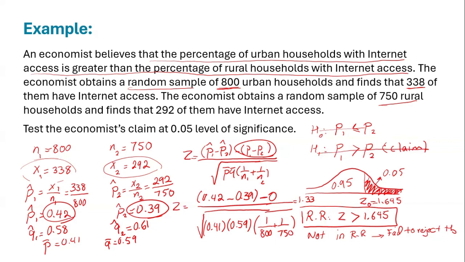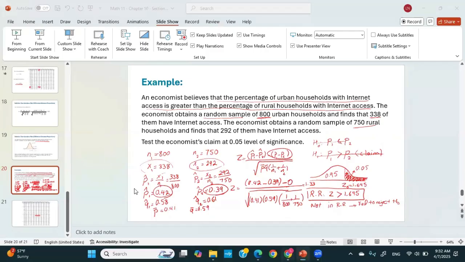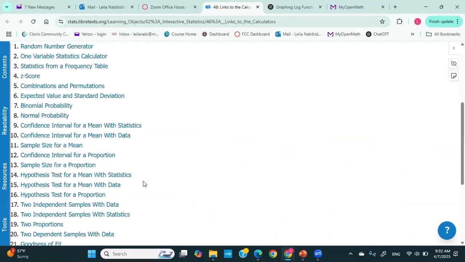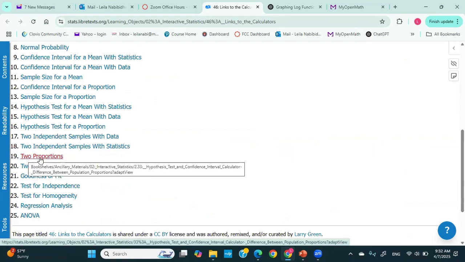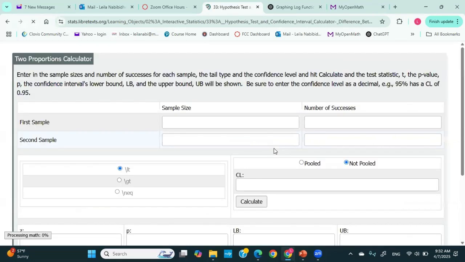Now let's see how we can use the online calculator to answer this question. If I open the online calculator, I need calculator number 19, which is two proportion. It will ask me about the first and second sample, the sample sizes and the number of successes.